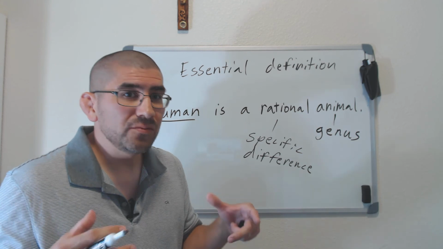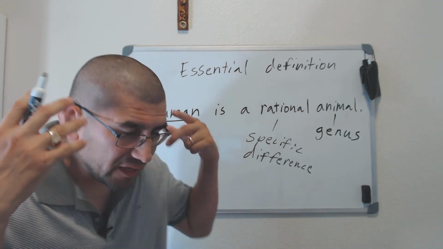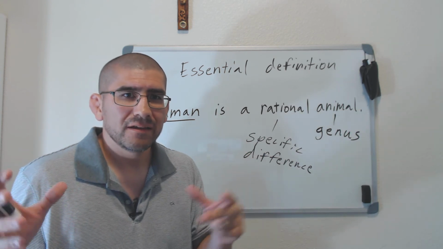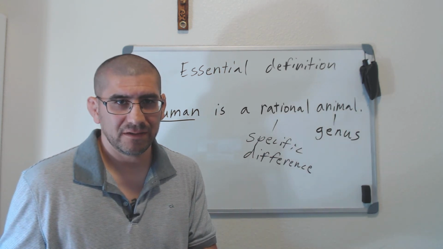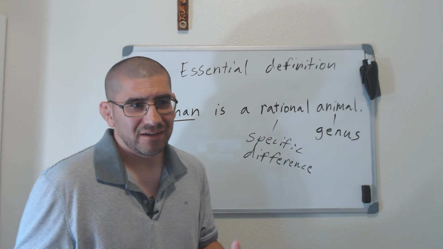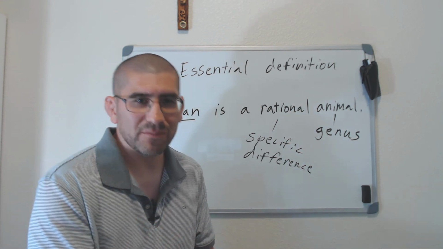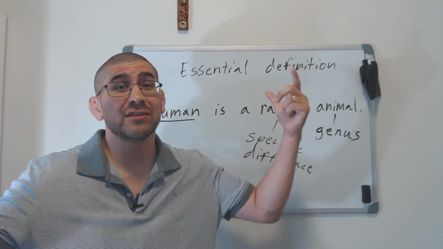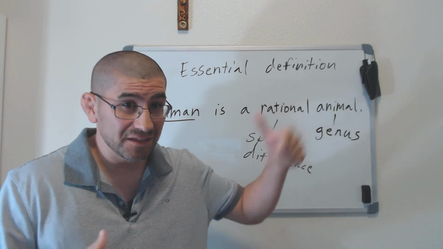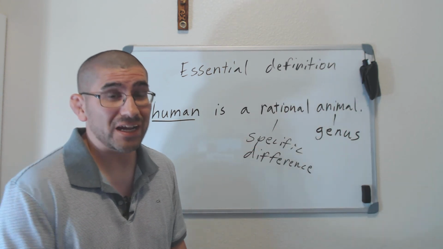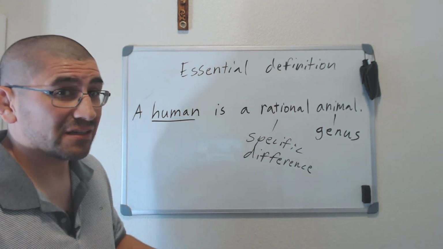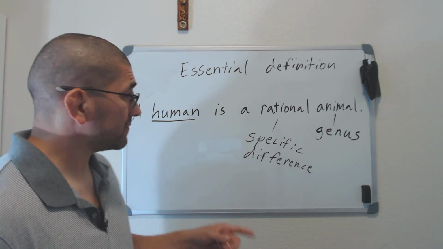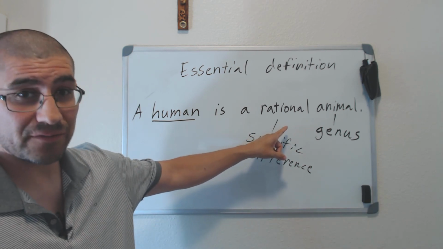In other words, human beings are thinking in a substantially different way than lions. He's basing this on the fact that human beings write books, study logic, and contemplate the universe. This is what he means when he says human beings are rational. So this is a defining characteristic for human beings, and it is the specific difference.